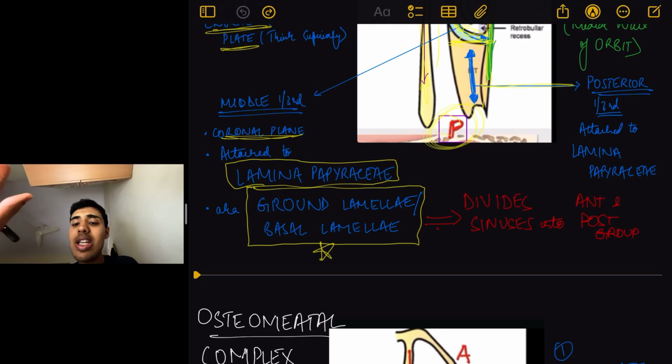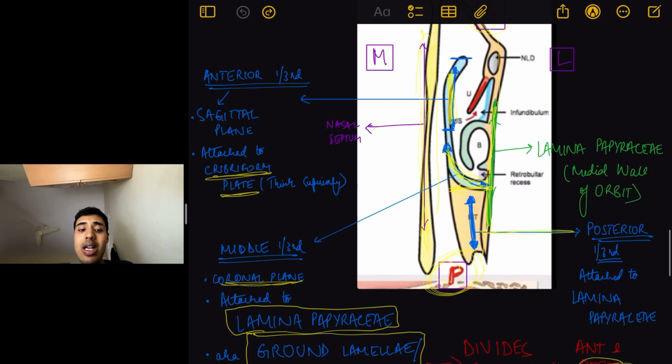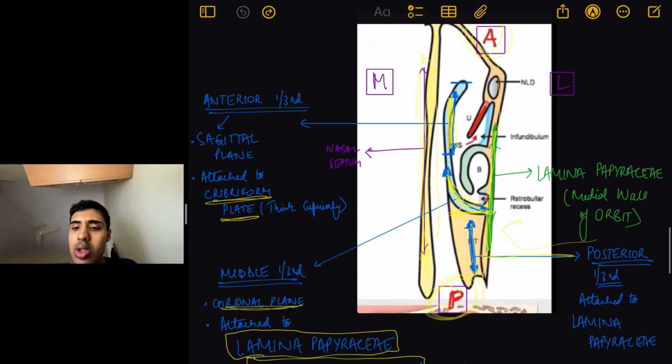The anterior group of sinuses includes anterior ethmoidal sinuses, maxillary sinus, and frontal sinus, whereas the posterior group of the sinuses includes posterior ethmoidal sinus and sphenoidal sinus. So the middle 1/3 forms the ground lamellae. Posterior 1/3 also lies in the coronal plane and it is attached to the lamina papyracea once again.